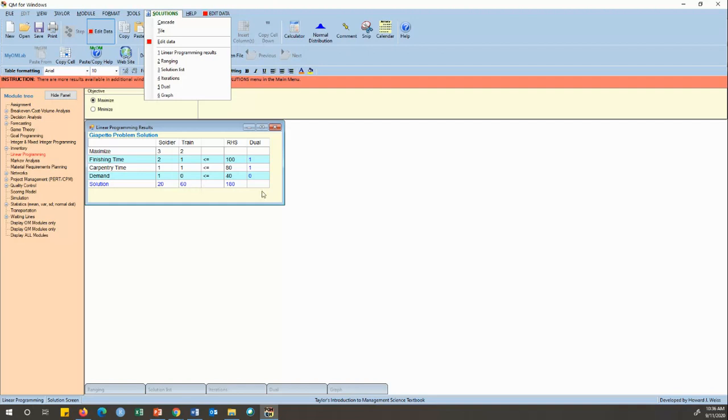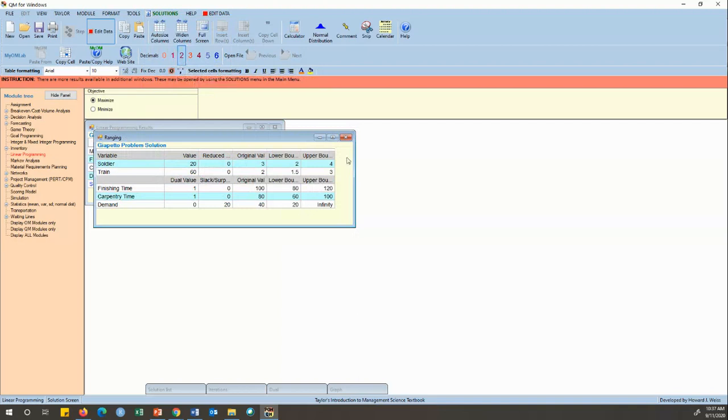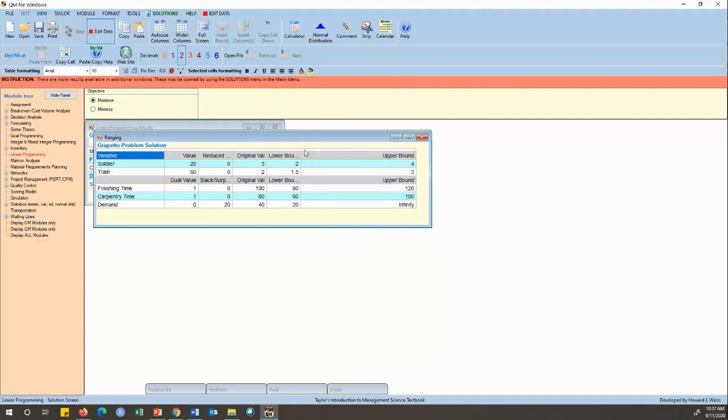Since we are talking now about the sensitivity analysis, I'm going to show you the one that we discussed in the previous video, concluding in this ranging, the ranging value. I put it a little bit bigger so you can see a little bit better.